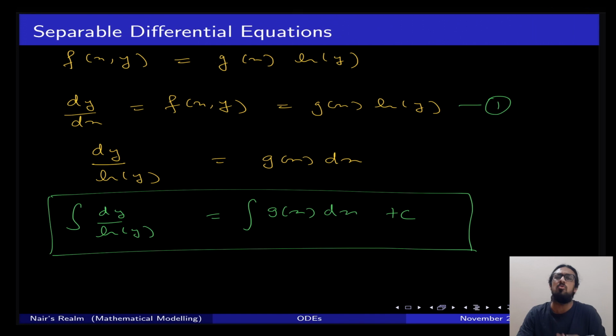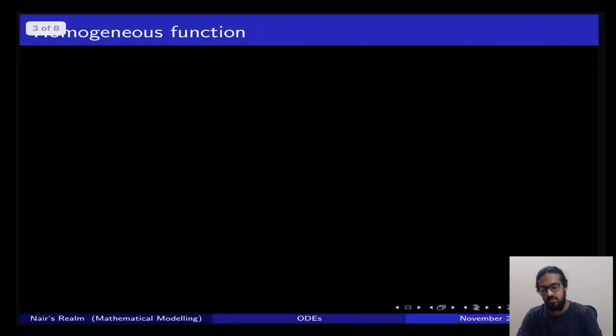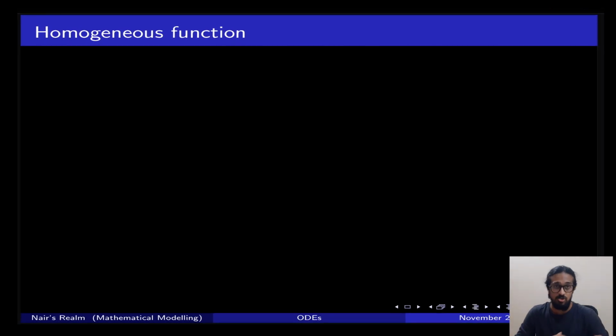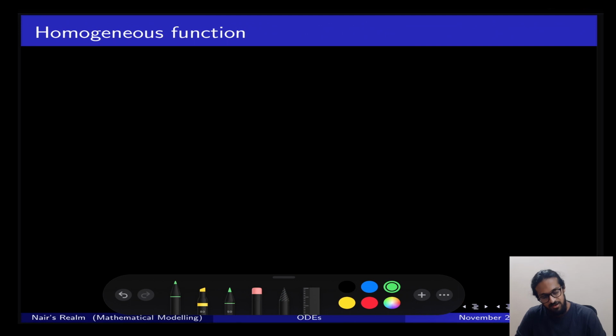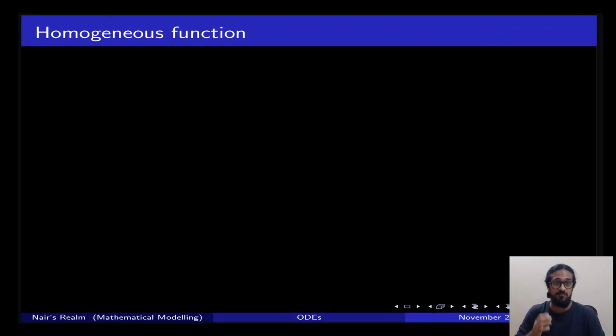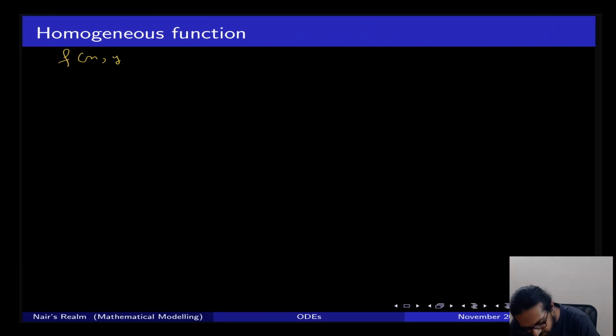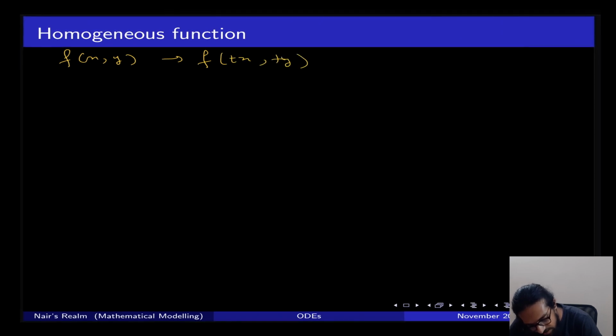However, this most likely will never be the case, and therefore we have the next more difficult sort of differential equation to solve, which is a homogeneous differential equation. So again, let's first talk about what a homogeneous function is, and then we'll move into what a homogeneous differential equation is. Let's assume I have a function f of x comma y, and I evaluate that function at tx and ty, and I'm able to take out a t power n term.